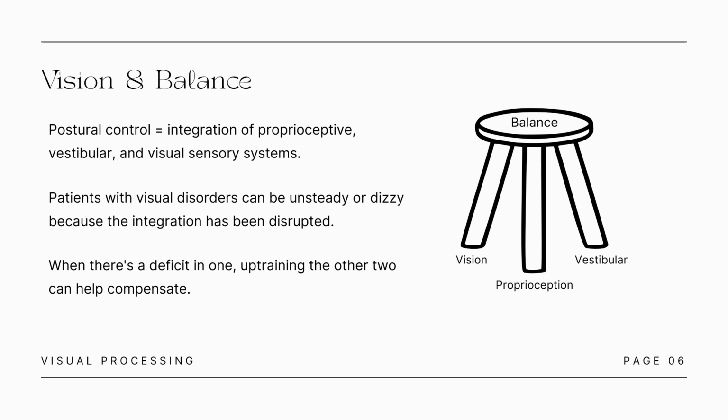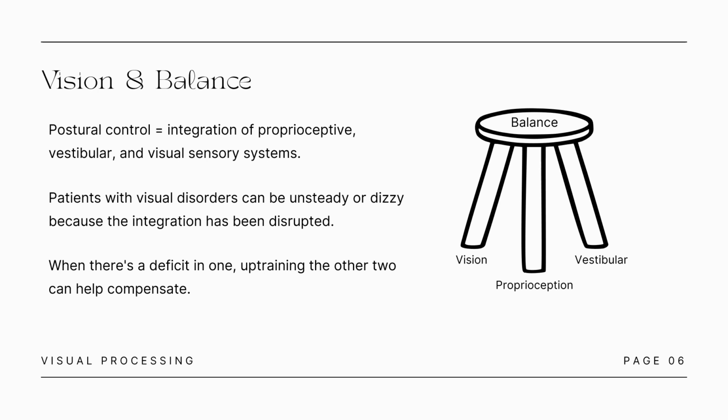And that makes a ton of sense because postural control is dependent upon the integration of information from the proprioceptive, vestibular, and visual sensory systems. So we'll just keep in mind that if you have a patient with a vestibular disorder, training on visual processing can support their balance, and vice versa.